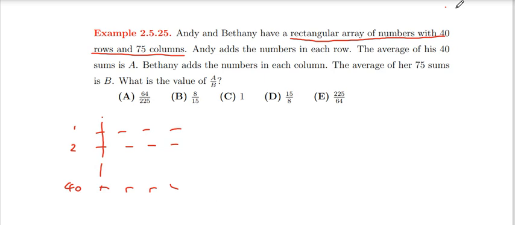So they add the numbers in each row. Here we add them up by rows: x1, x2, and suppose this one is x40.